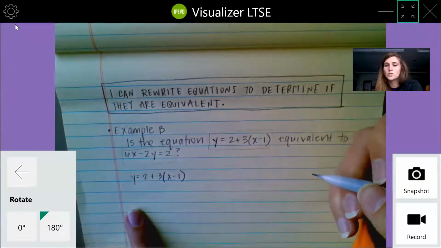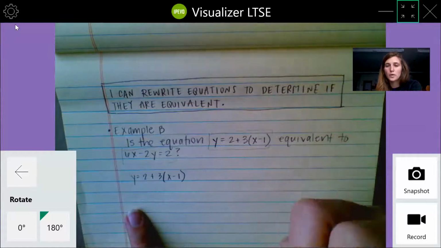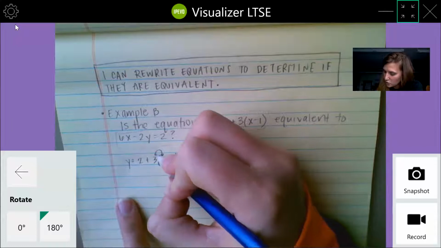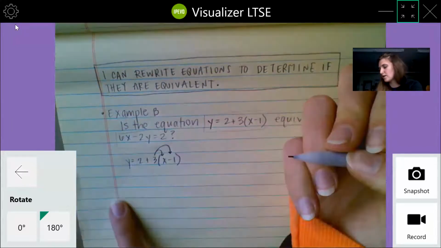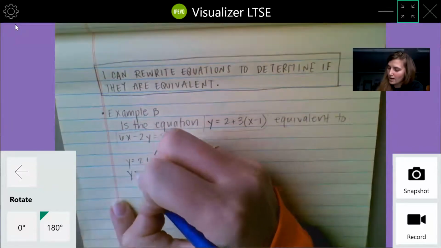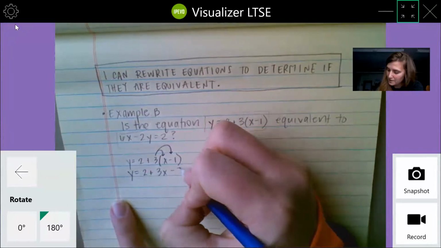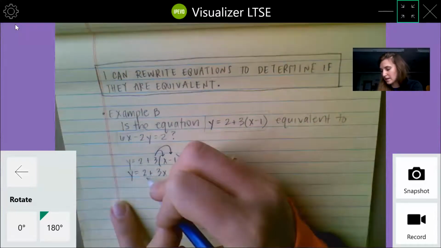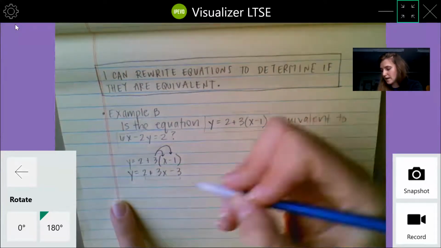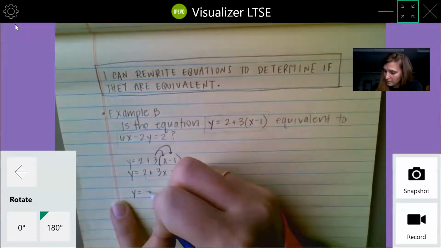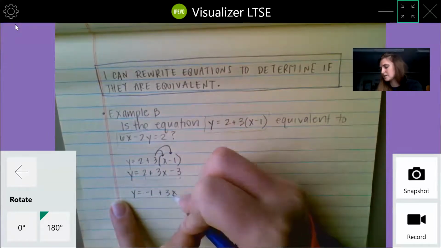we're going to use the distributive property to rewrite this without parentheses. So this 3 is going to be distributed to the x and to the -1. So we get y equals 2 plus 3x minus 3. And then I can combine my like terms, and I'm left with y equals -1 plus 3x.